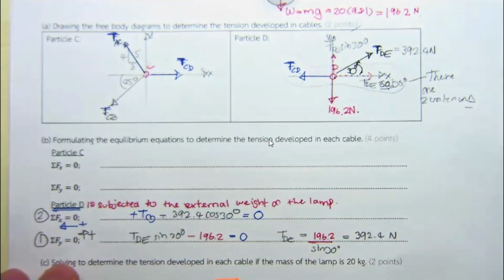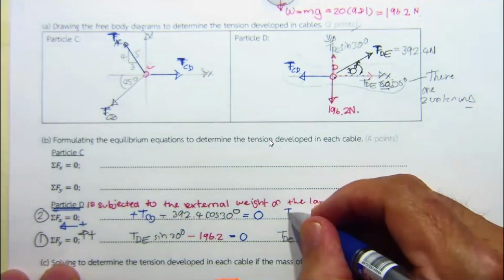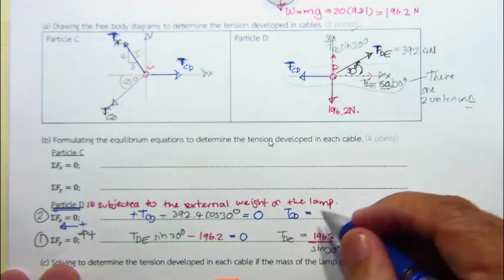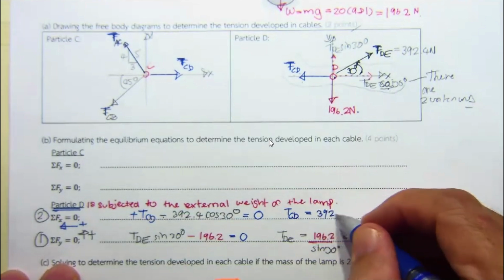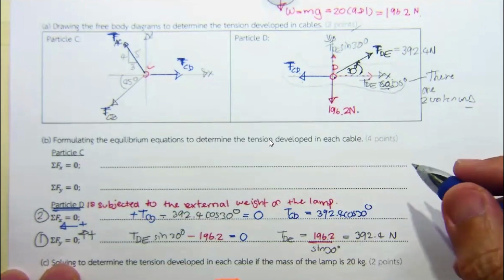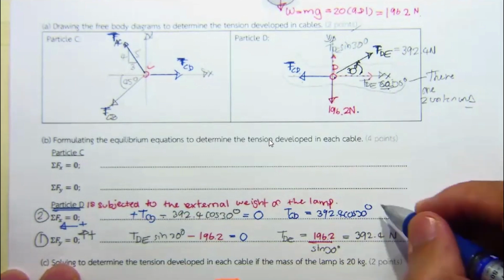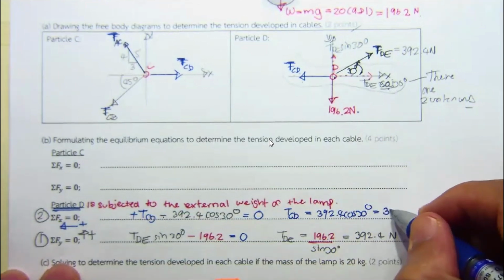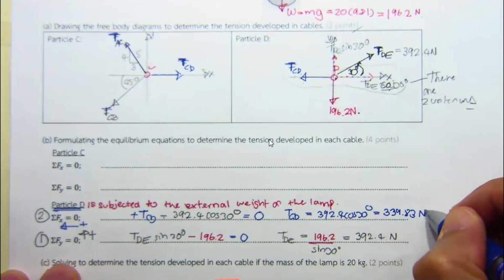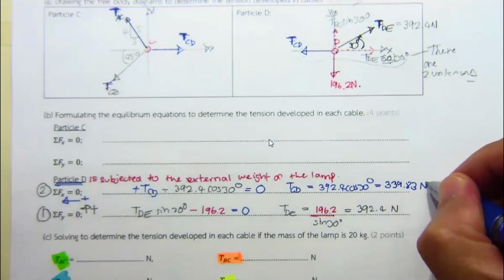It's not that tough, very easy, right? So T sub CD is going to be equal to 392.4 cosine 30 degrees, and you should get 339.83 Newton. Wow! You have T sub CD already.